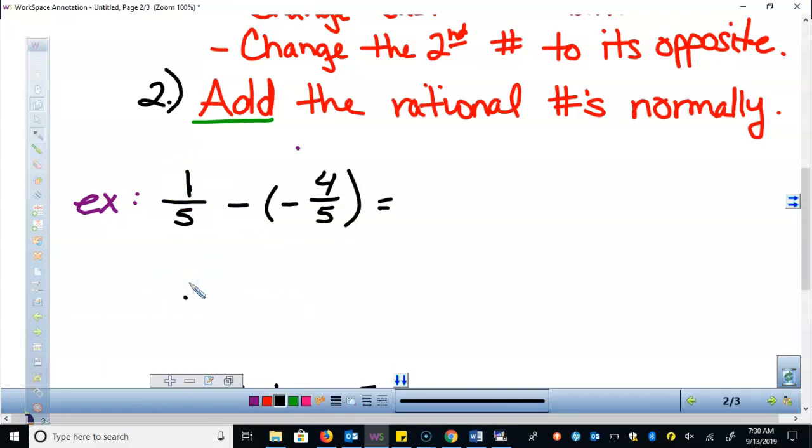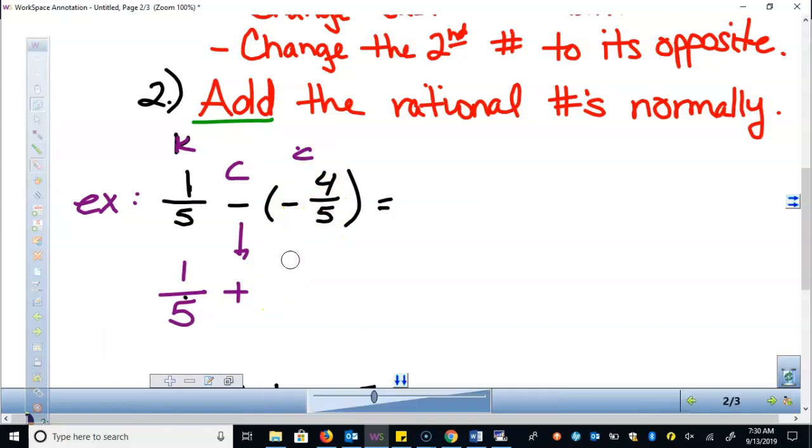Just like in integers, this example is a subtraction, so we keep, change, change. Keep the first number the same, change the subtraction to addition, and then change -4/5 to +4/5.